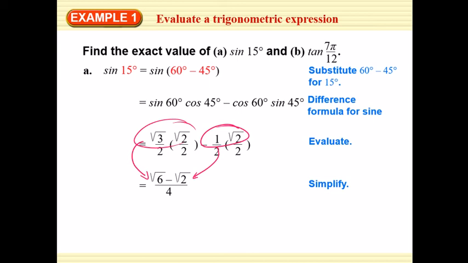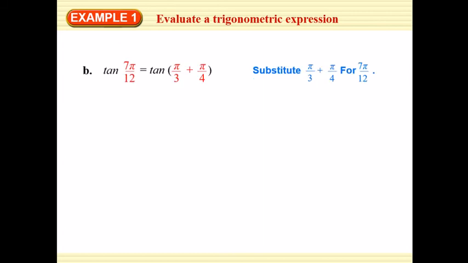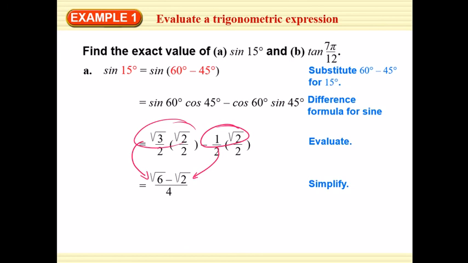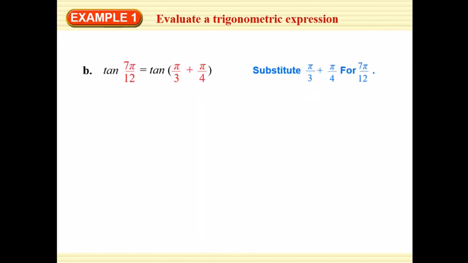If they don't, then you would have to find a common denominator. So this is my exact answer, and then I can type it into a calculator and get an approximate answer. If I do that, it would be accompanied by an approximate sign here, but I wanted exact, and we found exact. So radical 6 minus radical 2 divided by 4.